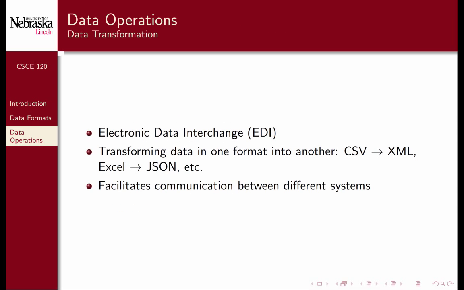Regardless of the format in which we store our data, there are several data operations that we can perform on it. The simplest being electronic data interchange, or EDI. This is simply transforming the data from one format into another.